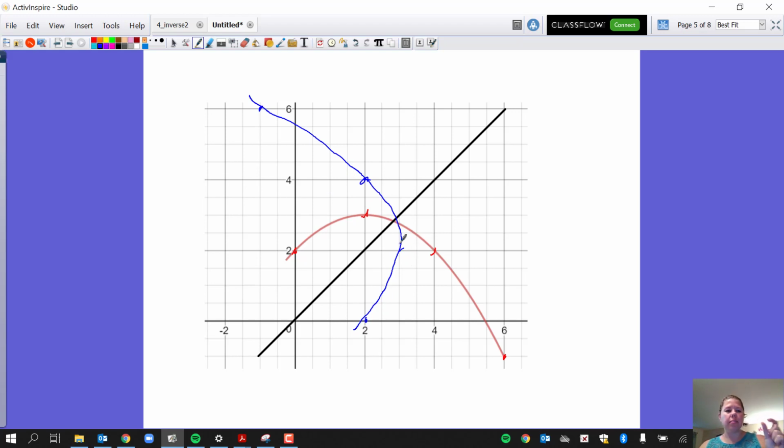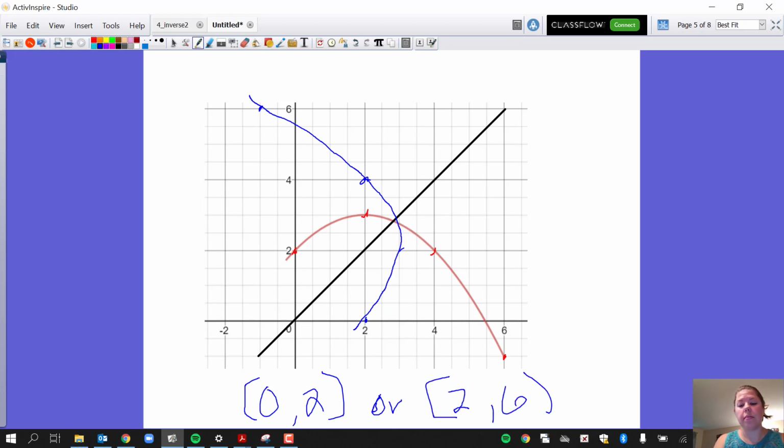And so there's some stipulations that we have to put in when we're talking about these types of functions when they're not one-to-one. We have to make them one-to-one. And so here we have 0 to 2, or we could keep 2 to 6.